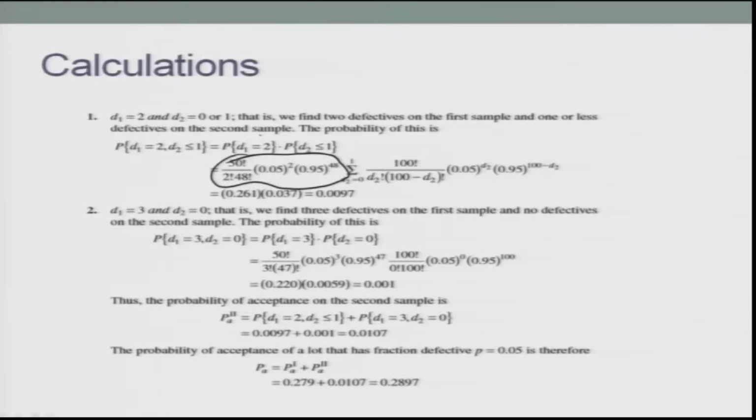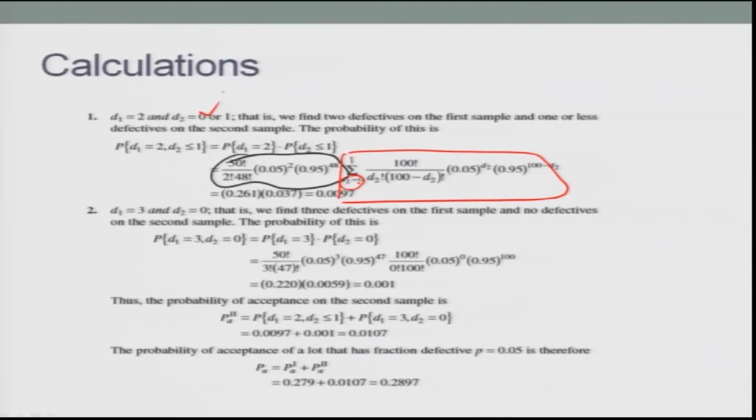In the second stage we sum up. The summing up is done for D2 equal to 0 and D2 equal to 1. So, if we see the limits in this notation, D2 changes as specified, and from that the probability comes out to be about 0.97%.